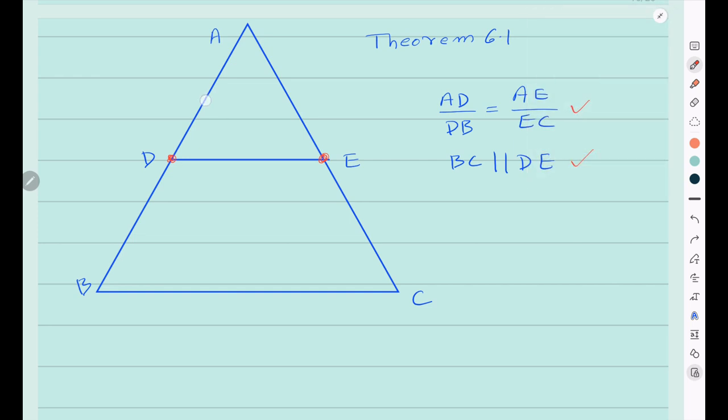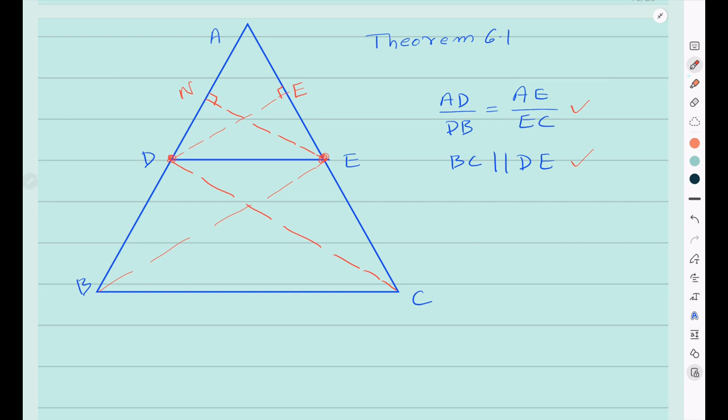First, make a perpendicular on AD, and also make a perpendicular on AE, a perpendicular line starting from D. Let us call the point where it cuts N and E. Let us also join these 2 points. Okay, now we can proceed further.